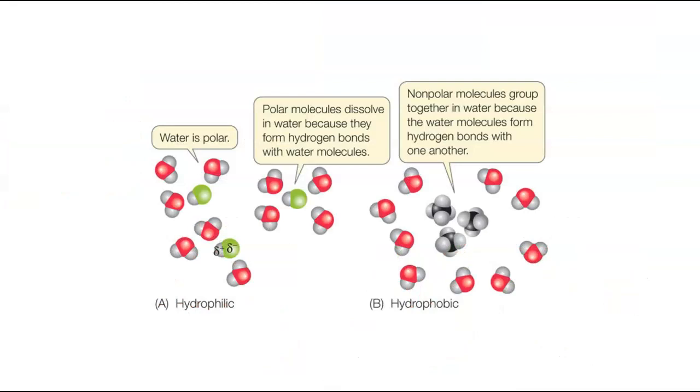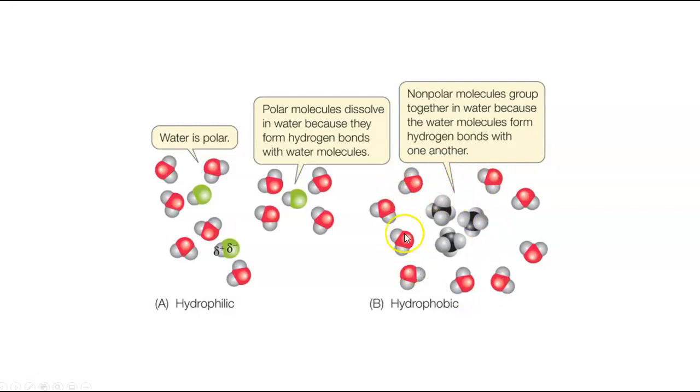And interestingly, if you then put in hydrophilic compounds, polar molecules, they will dissolve, but hydrophobic compounds instead will attract each other, even though they don't have any specific force that brings them together. The water molecules won't like to be close to them, and they want to form hydrogen bonds with each other.